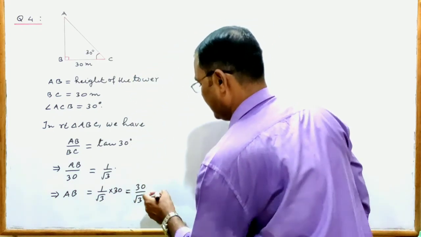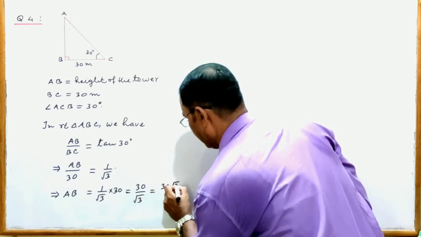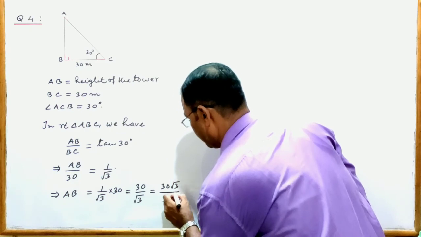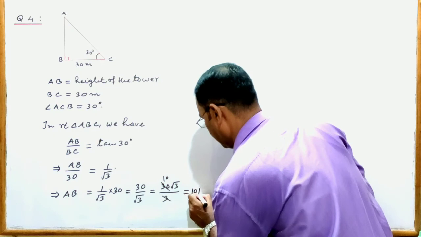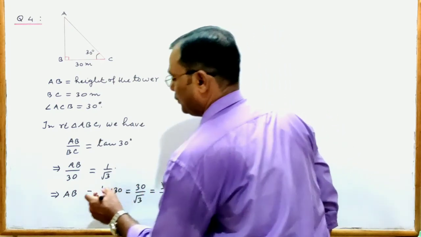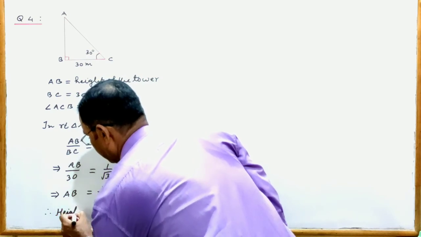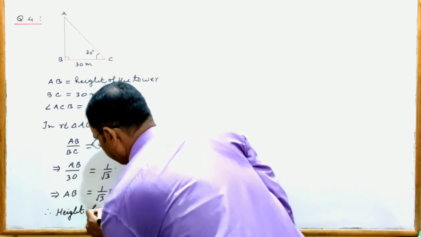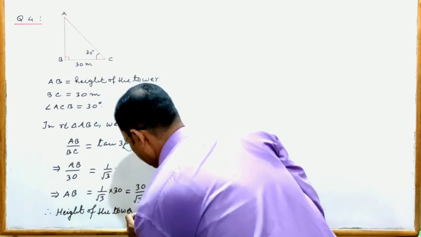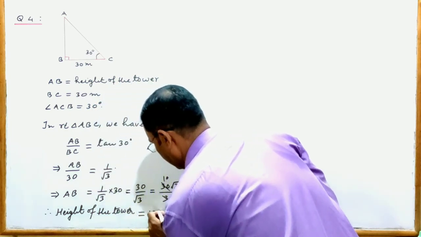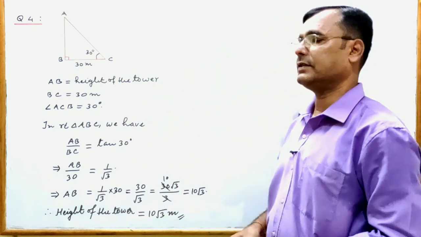If you rationalize the denominator, it will be equal to 30 root 3 by 3. So 3 10 is 30, 10 root 3. Therefore, height of the tower is equal to 10 root 3 meter, and this is the answer.